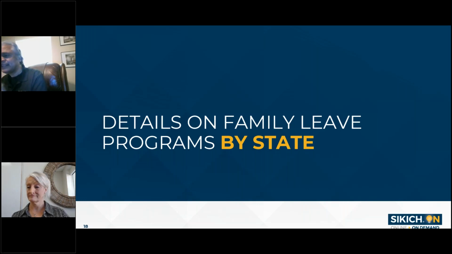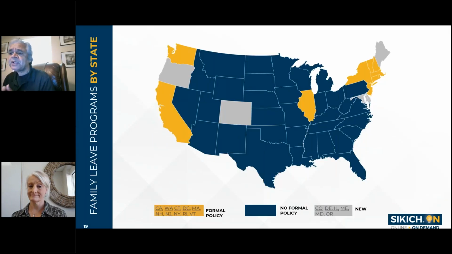Now let's get into the state side from a family leave program perspective. Okay, Rachel, can I see the map? Okay, so here's your US map. The dark blue states do not have any formal leave policy, which is the majority of them. But that doesn't mean the employer cannot have their own leave policies. The state itself doesn't dictate anything from a leave perspective, paid, unpaid, how much to provide, what to provide, for what sickness.